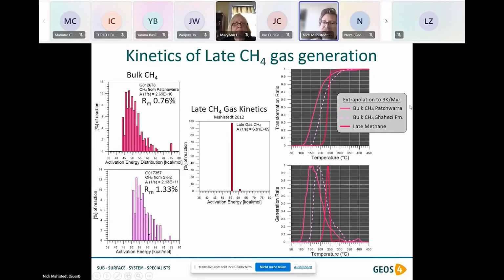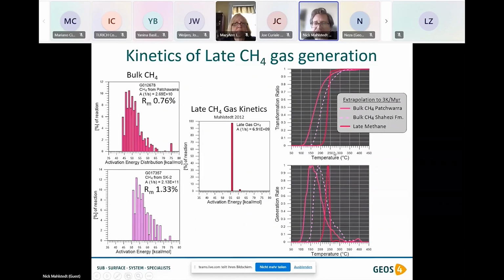Extrapolation to the geological heating rate really shows that the generation of this late methane is much narrower and proceeds in metagenesis at temperatures between 200 and 250 degrees. Now, one important piece of information is that late methane and also the bulk methane curves from open-system pyrolysis cross at roughly 90% transformation ratio, which marks the end of methane generation.